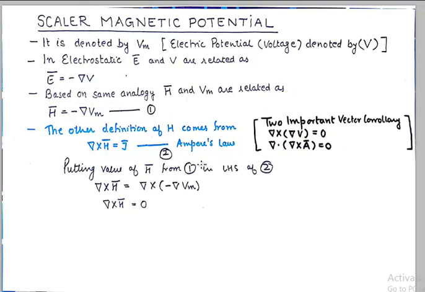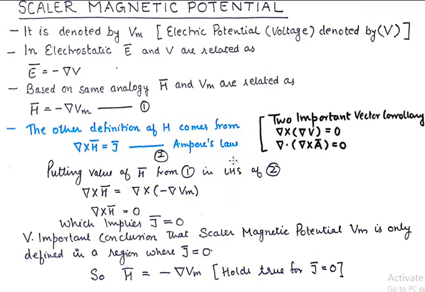So putting the value of H from 1 in the left hand side of 2, we get curl of H to be equivalent to curl of minus gradient of Vm, and from this corollary we know that this entire thing will vanish away, and this will give me 0. So what does that imply? It implies that J must be 0.